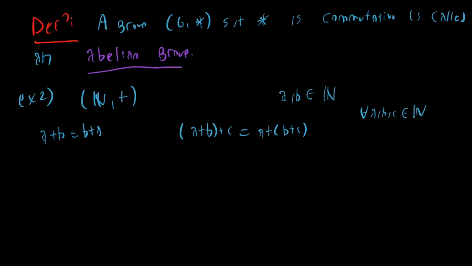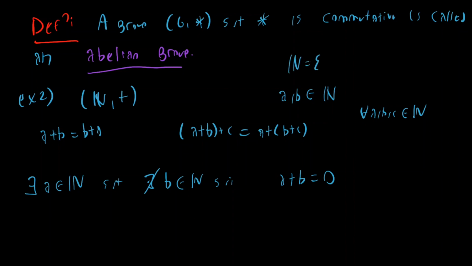However, there's a problem. Suppose we have an element; we can actually find an element a in N such that there does not exist an element b in N such that a plus b is equal to 0. And here, of course, we suppose that in the formulation of natural numbers in terms of the Peano axioms, we consider including 0 inside it.